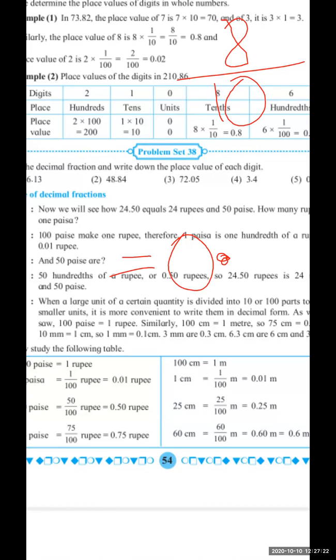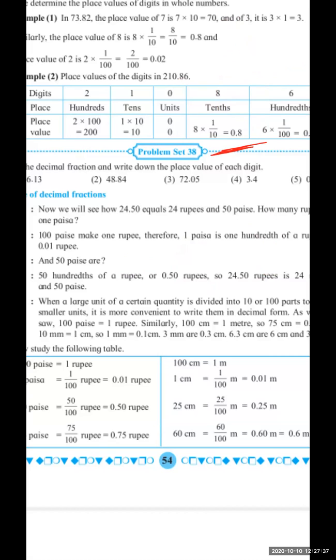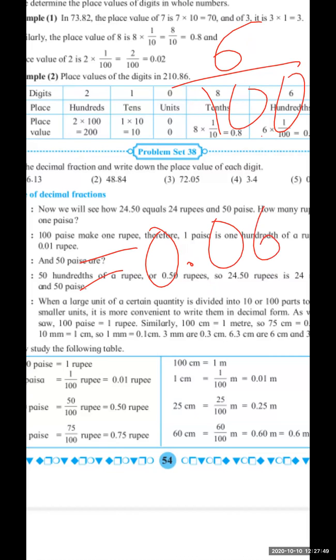Now in the denominator 10 is there, means in the answer after decimal point only one place will come. Correct? So 0.8. So place value of this 8 on the 10th place is 0.8. Okay? And the next 100 place, so 6 into 1 upon 100. So 6 upon 100. 6 upon 100 का आंसर क्या आएगा? 0.06, because in the denominator 2 zeros are there, means in the answer after decimal point 2 places will come. So our answer is 0.06.